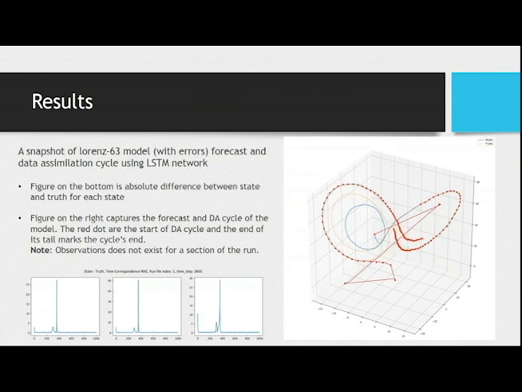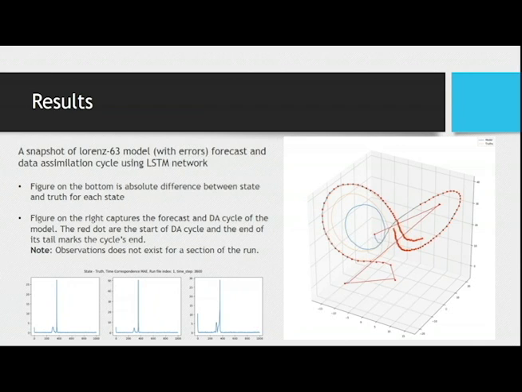So just like any data assimilation, we start off at this point. We integrate along, so our model, even with the noise, is following the true solution, which is blue.